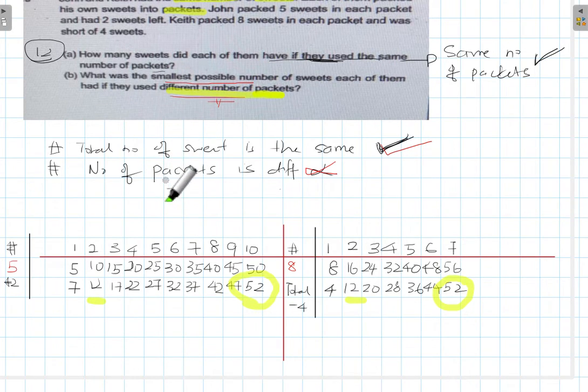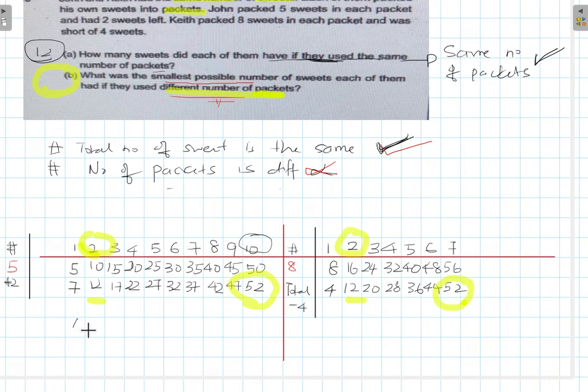Okay. Now you see, right? What is the smallest possible number of sweets each of them had if they use a different number of packages? The total number is the same, but the number of packages used is the same here. So this one cannot be used to answer this question. But this one here can be used to answer this question because the number of packages used is different. You see?